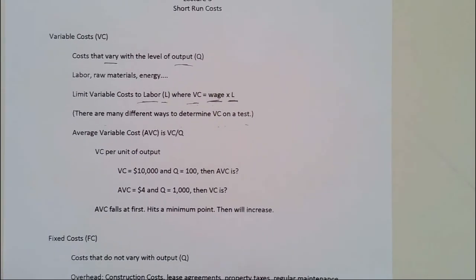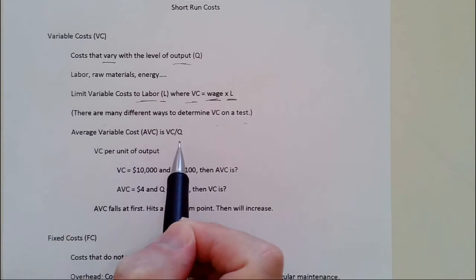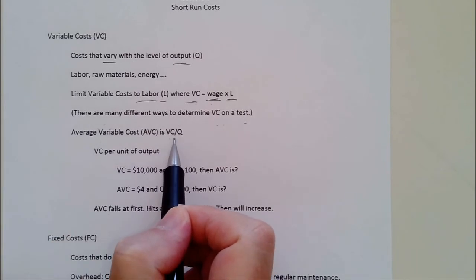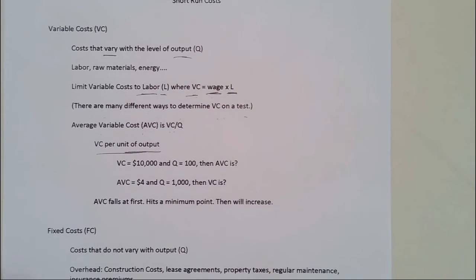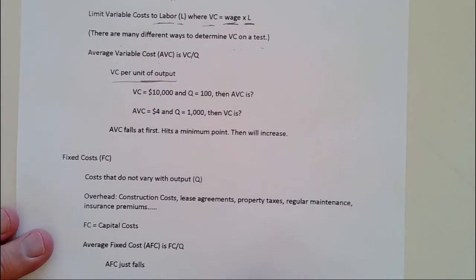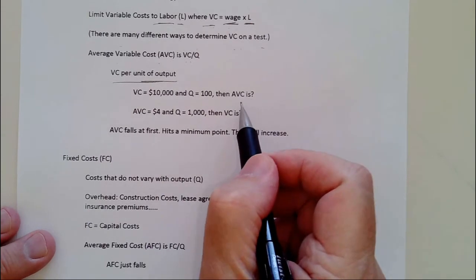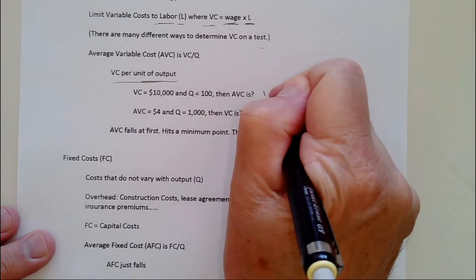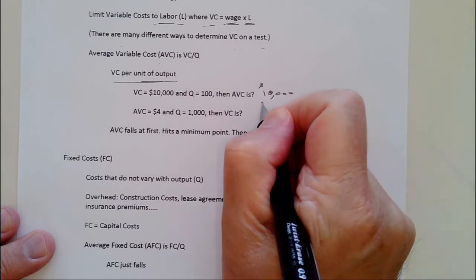Now, whenever we have a total, and variable cost is a total, you have an average, and an average would be the variable cost divided by output, and this would be the variable cost per unit of output. So very simply, if your variable cost is $10,000 and we're producing 100 of something, then what's the average variable cost? We would take $10,000 and divide that by the 100.